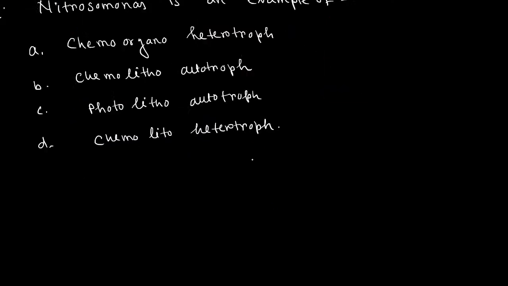Question number 29. Nitrosomonas is an example of chemo-organoheterotroph. I hope you just remember the EEC system.